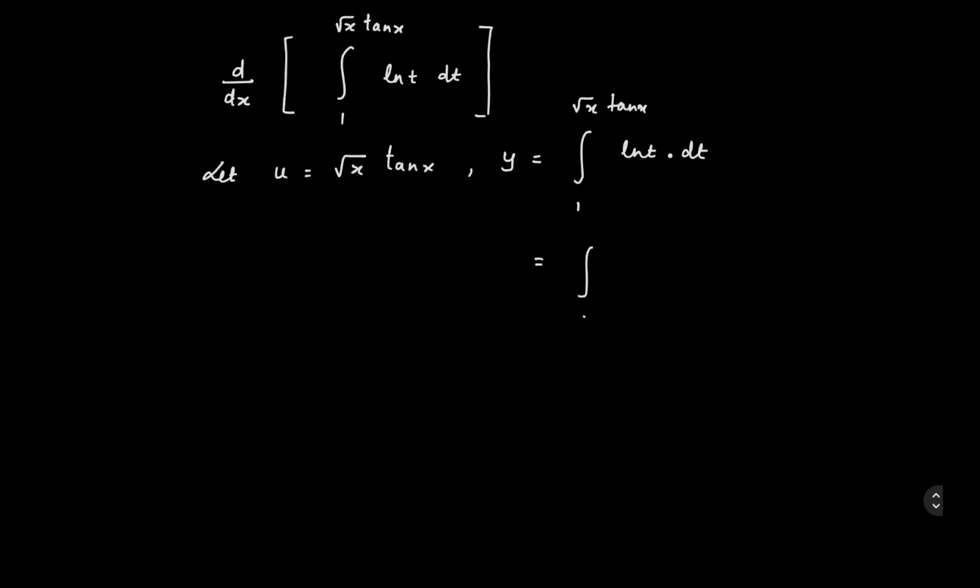So this can be written as the integral from 1 to u of ln t dt. Now here you see u is a function of x and y is a function of u. So therefore y is a composite function. So dy/dx will be dy/du into du/dx. This is your chain rule.